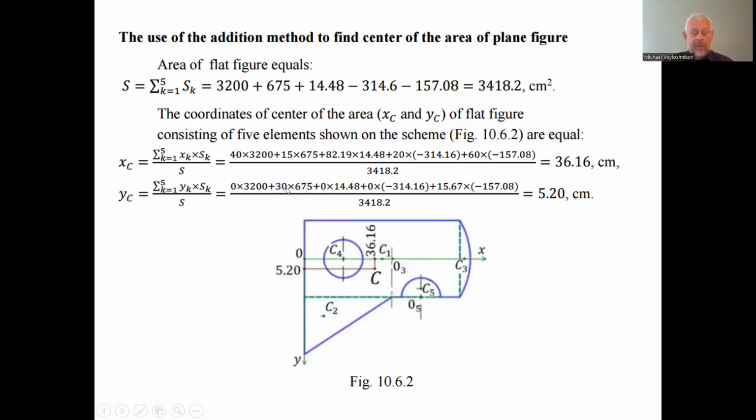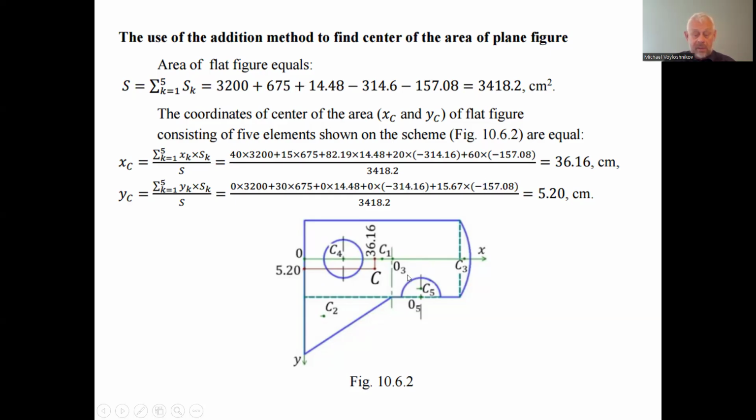So for zeros we have the locations, the abscissas and ordinates of the centers of the cutouts and elements of the figure if they are on the abscissa axis. This will be zeros, and minuses if these are cutouts and necklines.